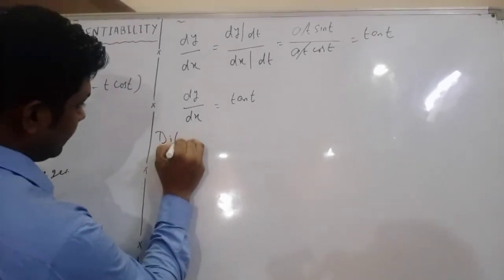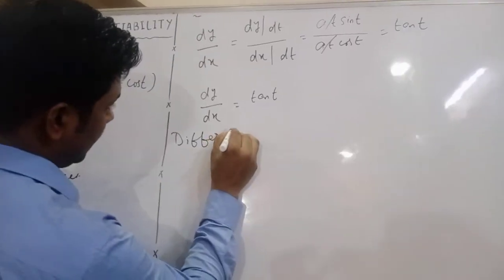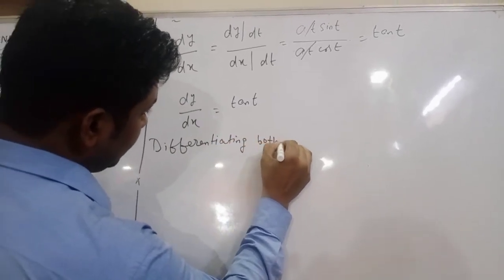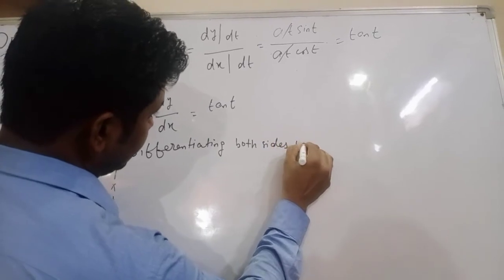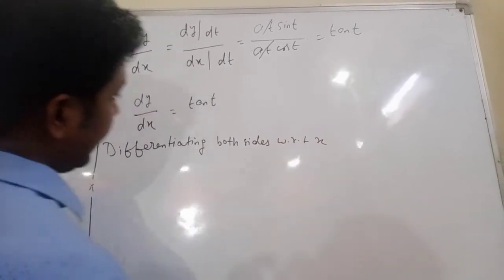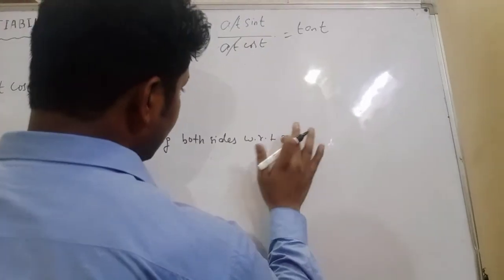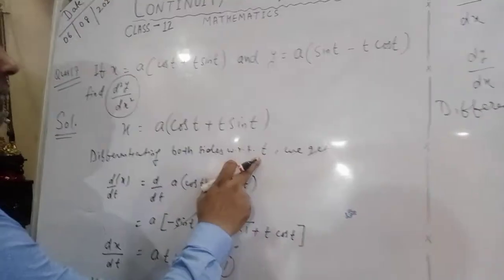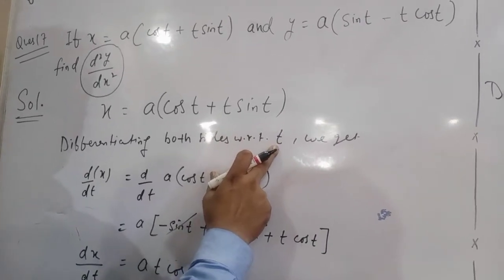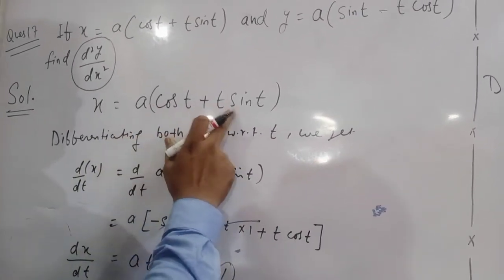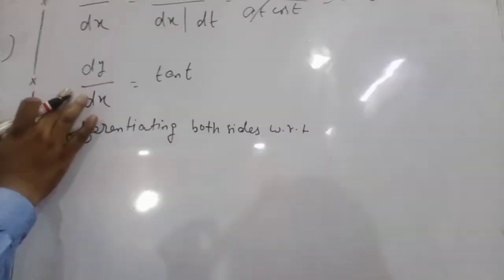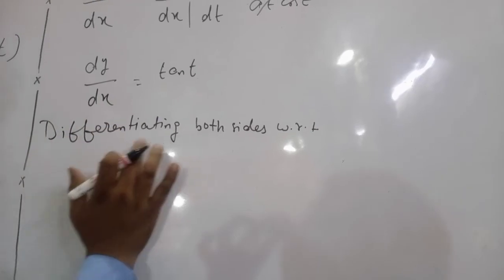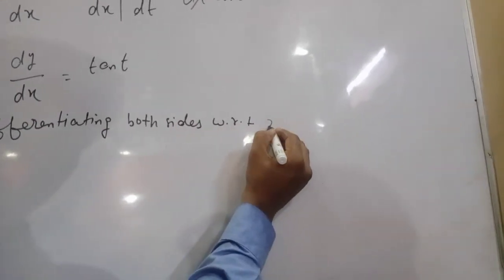So you have to write differentiating both sides with respect to x, not t. See, in this part you were differentiating with respect to t, okay, because your function was in form of t. But here we have to find out d2y by dx square. So here we are differentiating both sides with respect to x.